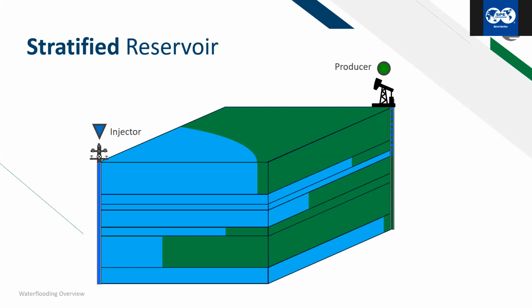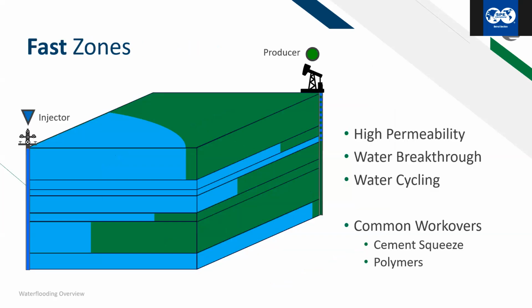So in this example, in this picture, you can see that one of the zones already has a direct line of injection between the injector and producer, and you've started to see water break through. That doesn't mean it's time to shut in that producer because we've gotten water and we've swept all the oil. It just means, hey, we've got one zone that has really good permeability, really good porosity, something that's potentially a fast zone, and we got early water breakthrough.